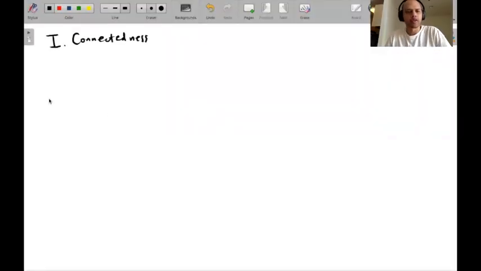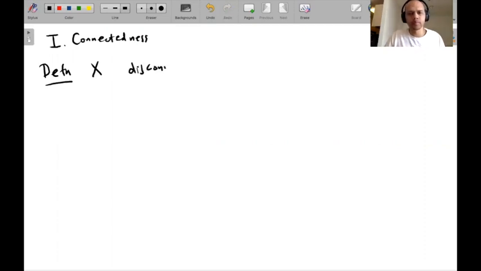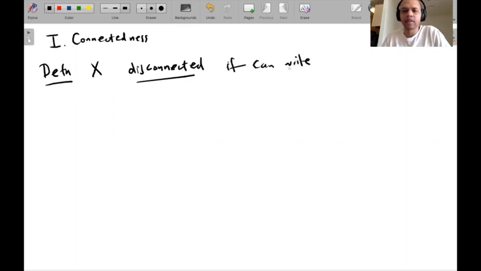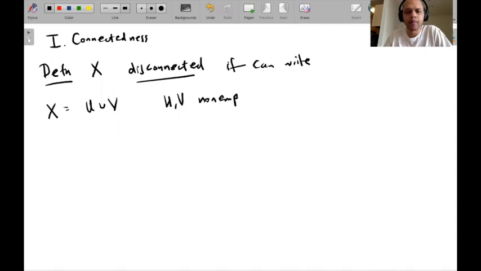Okay, so last time I introduced the following definition. We say X is disconnected if we can write X as a union of U and V, where U and V are non-empty disjoint open sets.